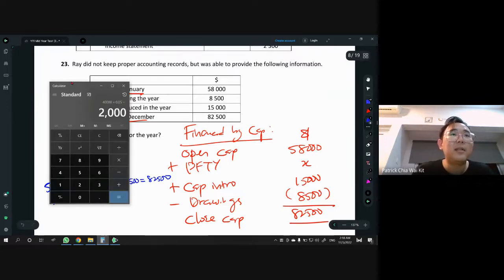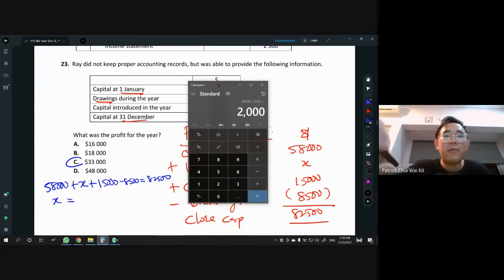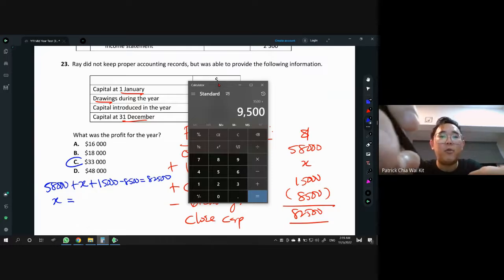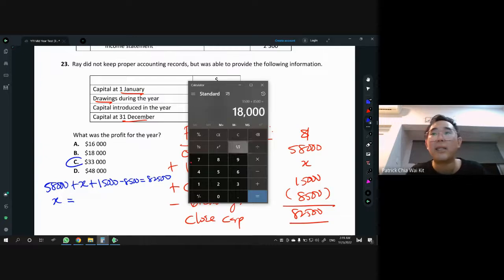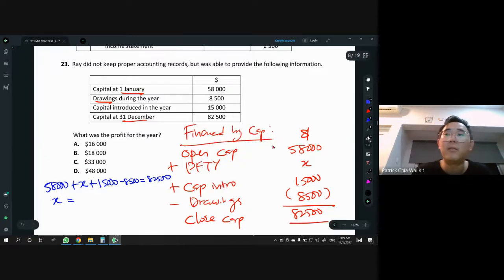So take 82,500, then minus 58,000, then minus 15,000, and then plus the drawings 8,500. Then you get, oops, the answer is 18,000. My bad, remembered wrongly. Okay, X is equal to 18,000.